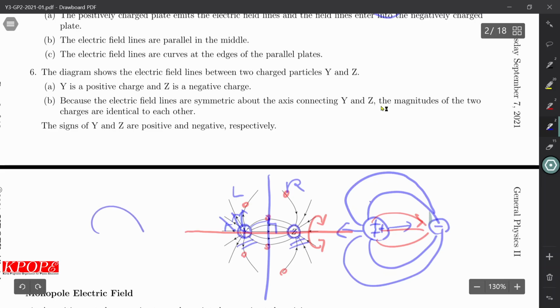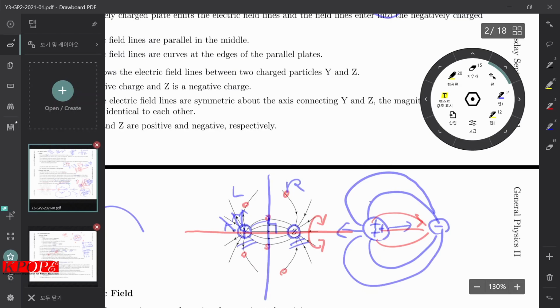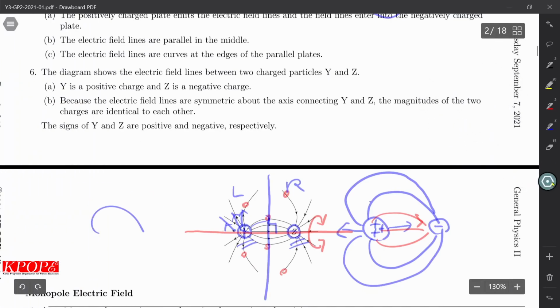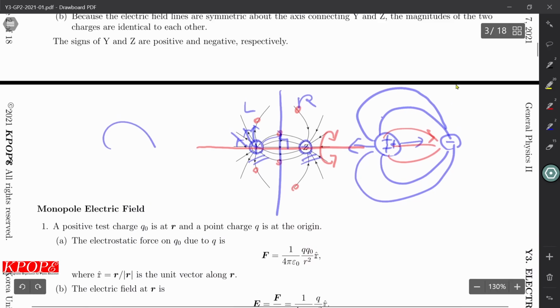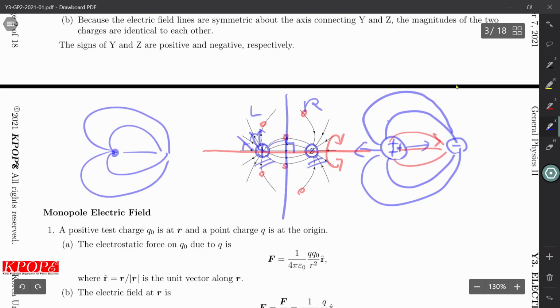If it is not the case, the electric field lines show this kind of asymmetry, which may arise if the absolute value of Q is not equal to the absolute value of a small q.